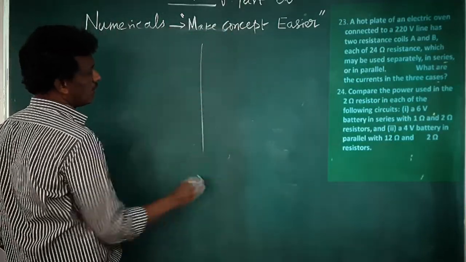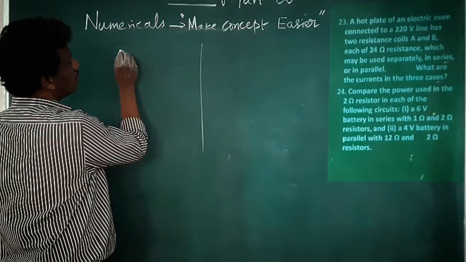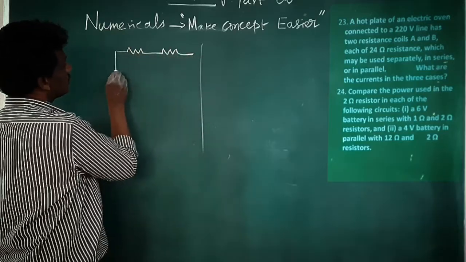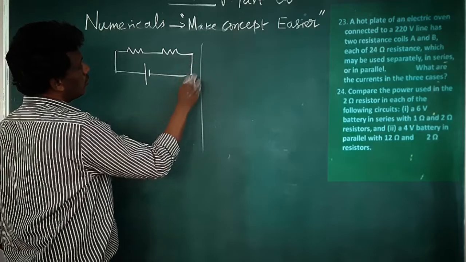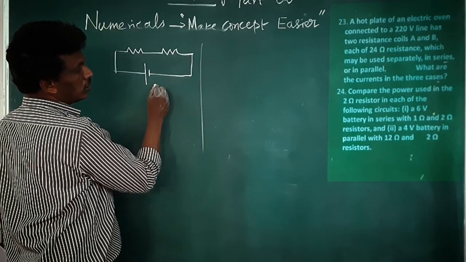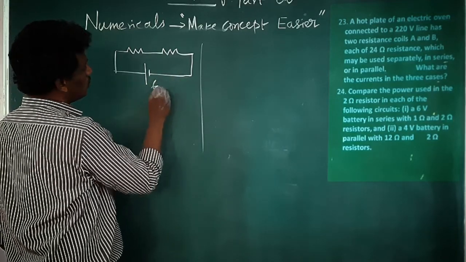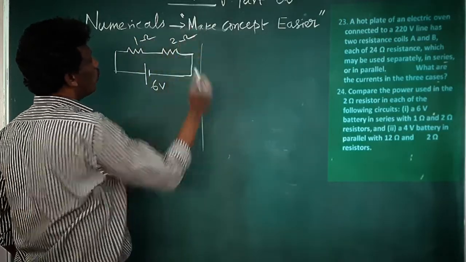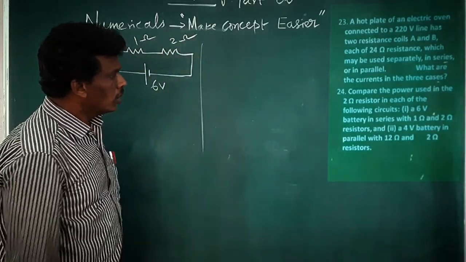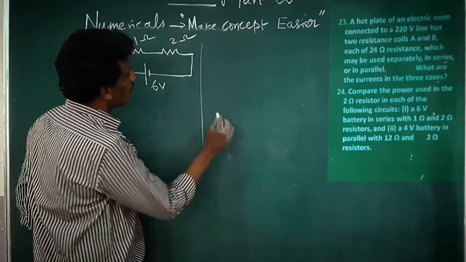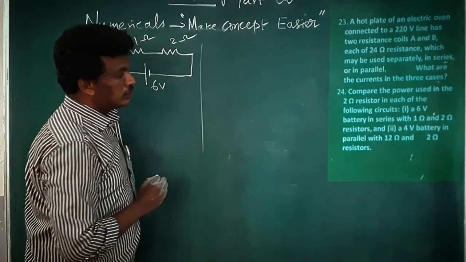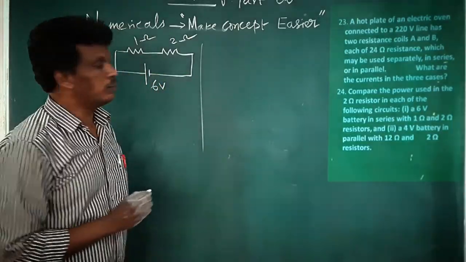So 2 cases I am going to take. First one, what is that? 2 resistors in series. What is this value? Yes, 6 volt. Here 1 ohm, here 2 ohm. Second case, what is given? Parallel with a 12 ohm and a 2 ohm.